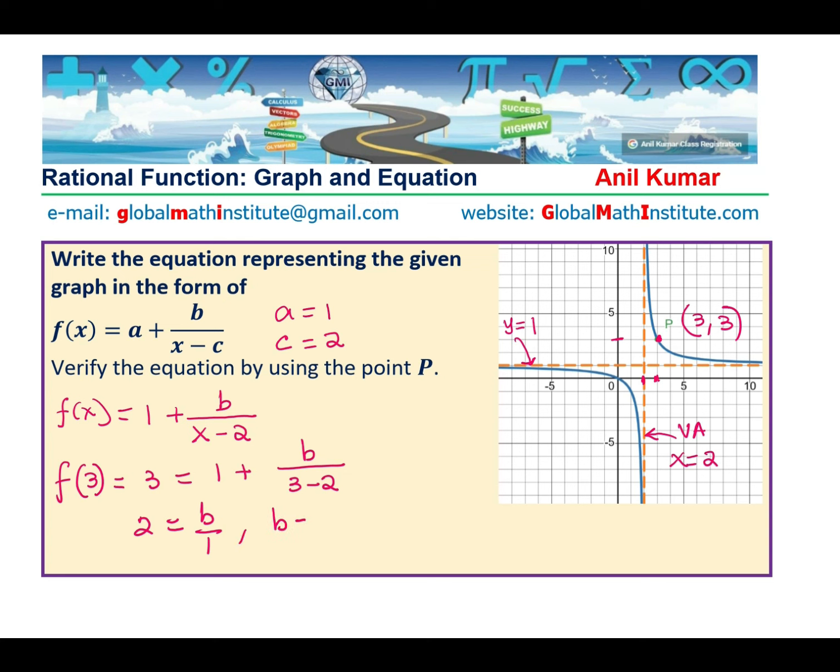Since we know that b is 2, we can rewrite the function: f of x is now equal to 1 plus 2 over x minus 2.